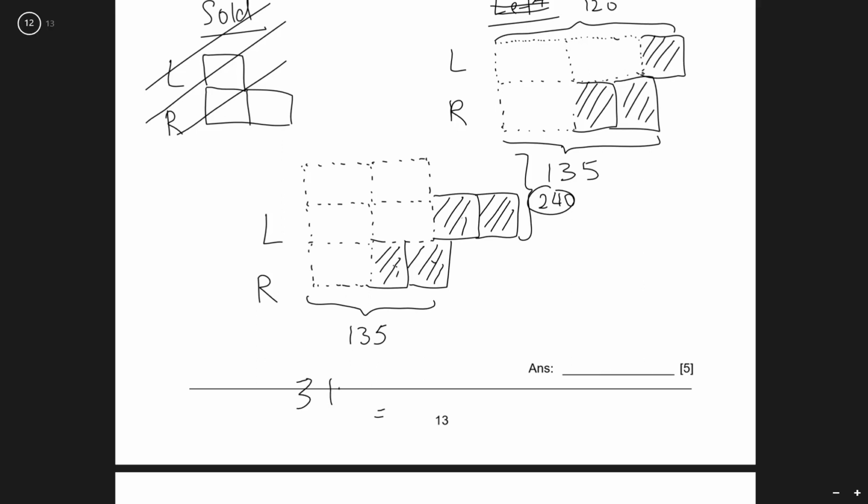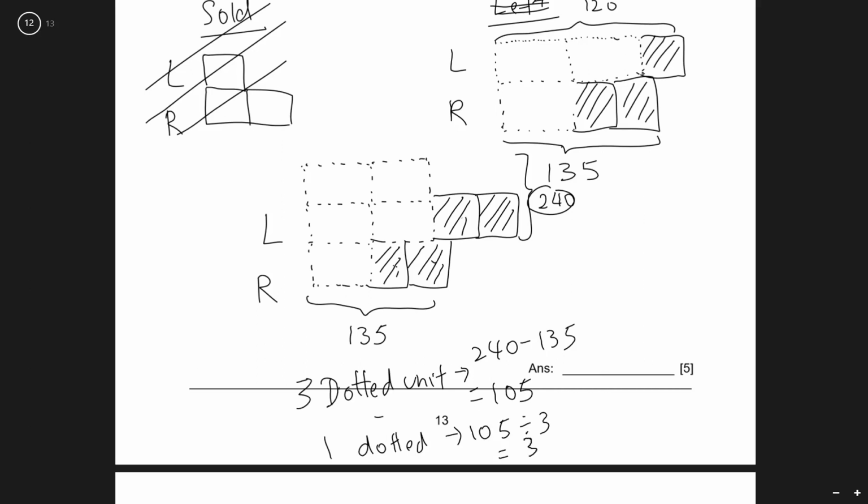So the 3 dotted lilies units actually stands for the difference, which is 240 minus 135, which is a total of 105. Okay, 1 dotted would be 105 divided by 3, which gives me 35.